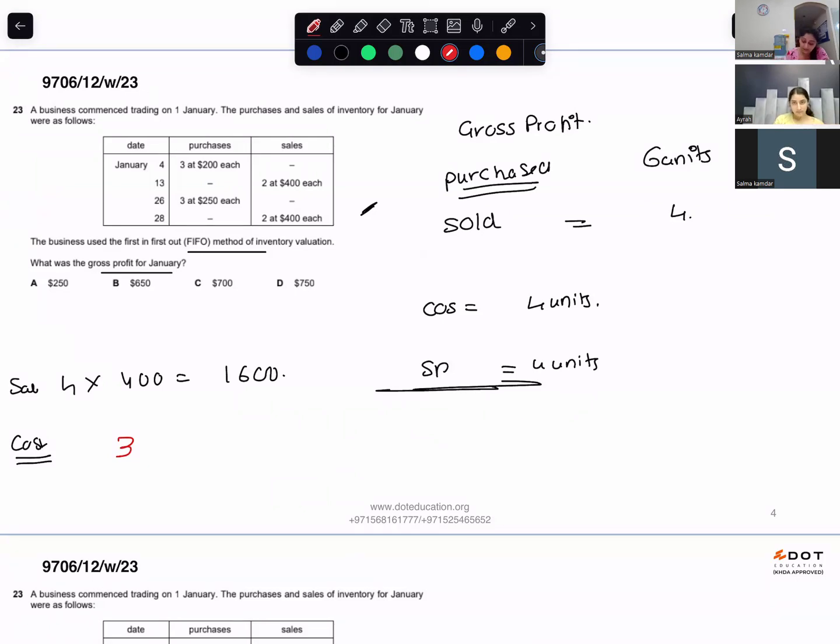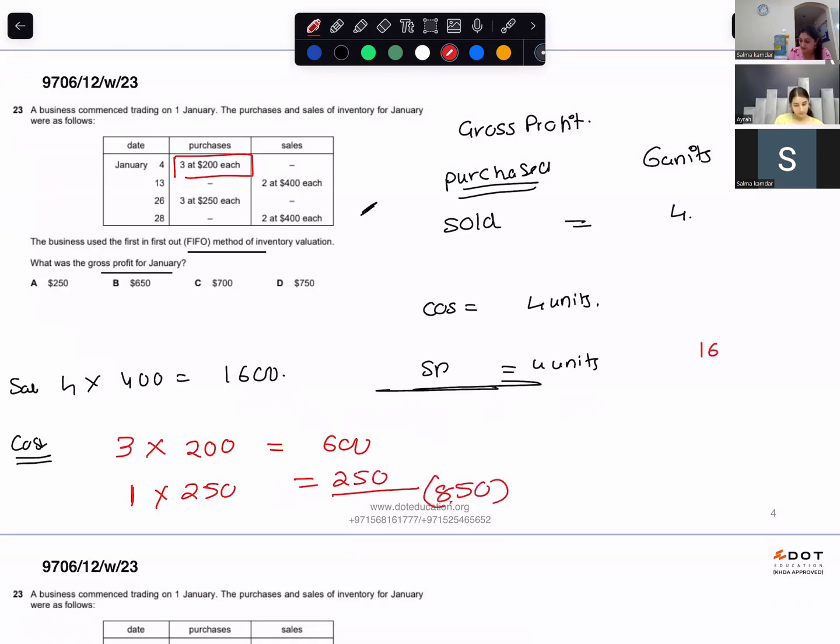You need to sell 4. So the first 2 that you sold were sold from the first inventory, 2 into 250. I just need the cost of 4. So 3 into 200, which is 600, and 1 into 250, so 250. So total, 850.